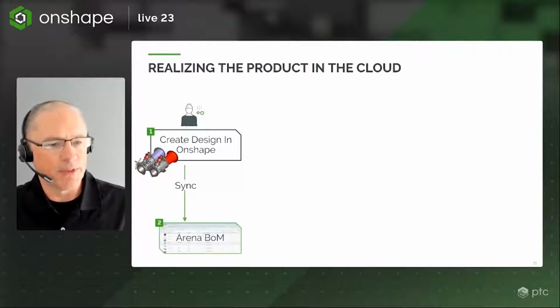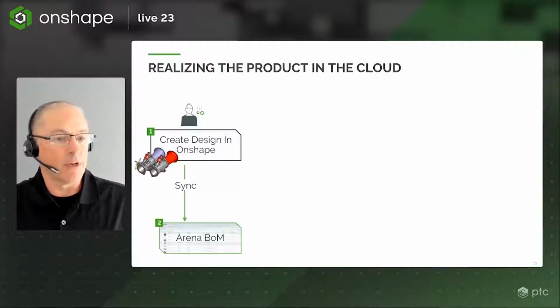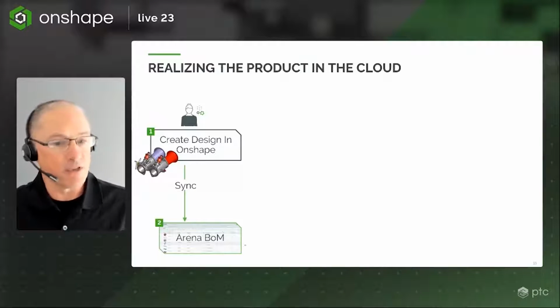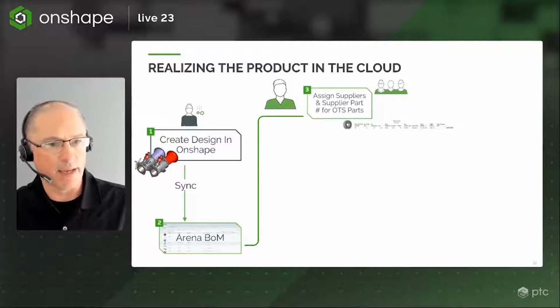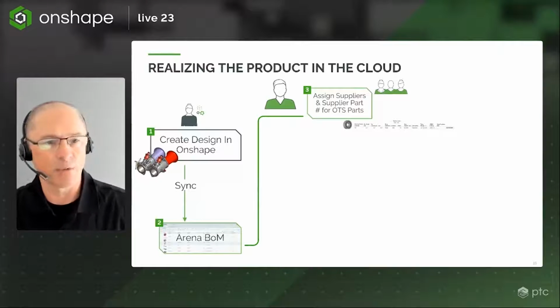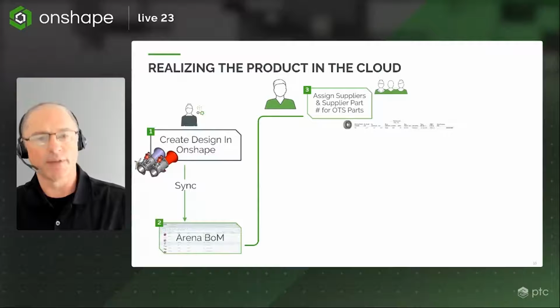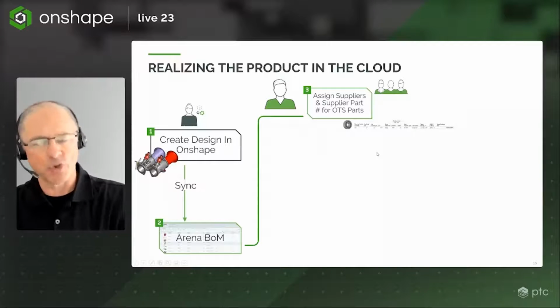So the first thing we'll do is synchronize my Onshape design to Arena PLM. Now, as soon as I do that, it means that the rest of the organization can get involved. These are people who are not designers, they don't have access to Onshape maybe, but they're working every day in Arena. So now these people can jump on board.